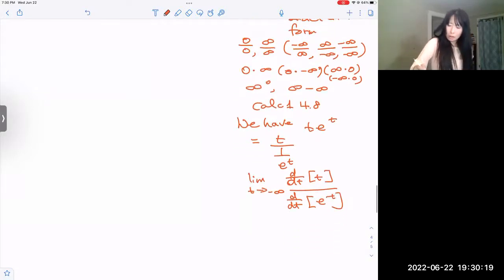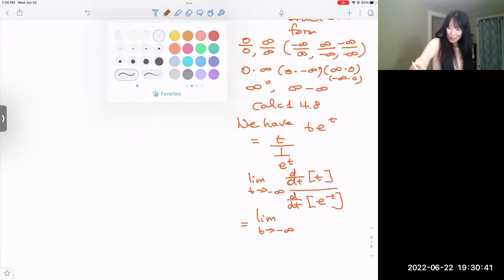All right, now the limit as t approaches negative infinity. We do the derivative with respect to t. What do you get for this one? Yeah, just 1. Good. Thank you.